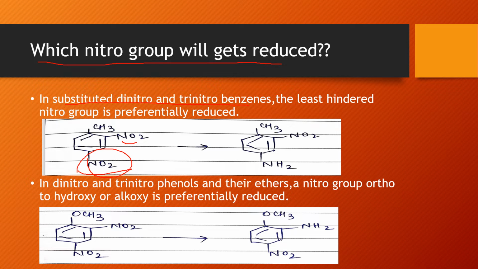Hence, this nitro group will get reduced into the amino group and the other nitro group will remain as it is. Now, the second case: in dinitro and trinitrophenols and their ethers, the nitro group ortho to the hydroxy or alkoxy is preferentially reduced. So in this example, I have taken the alkoxy group. This nitro group is attached next to the alkoxy group and hence it will get reduced into the amino group and the other will remain as it is.